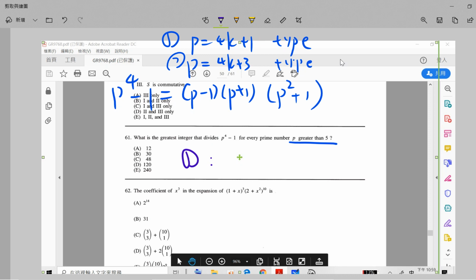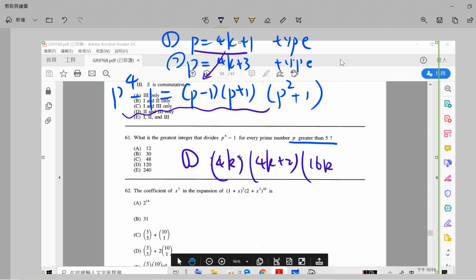For the first type, if you plug p equals 4k plus 1 into this, then you get 4k times (4k plus 2) times (16k squared plus 8k plus 2). So you see there are factors of 4, 2, and 2, so 16 divides p to the 4 minus 1.